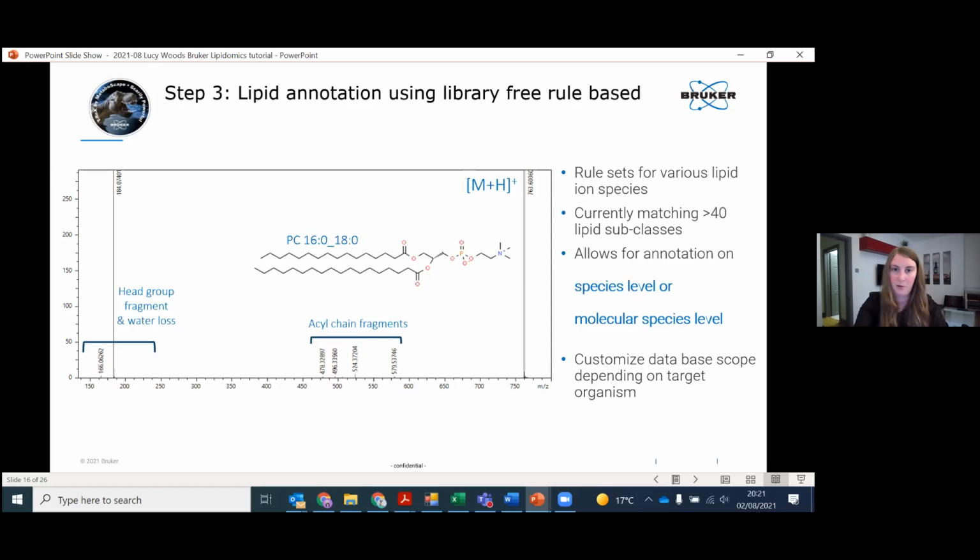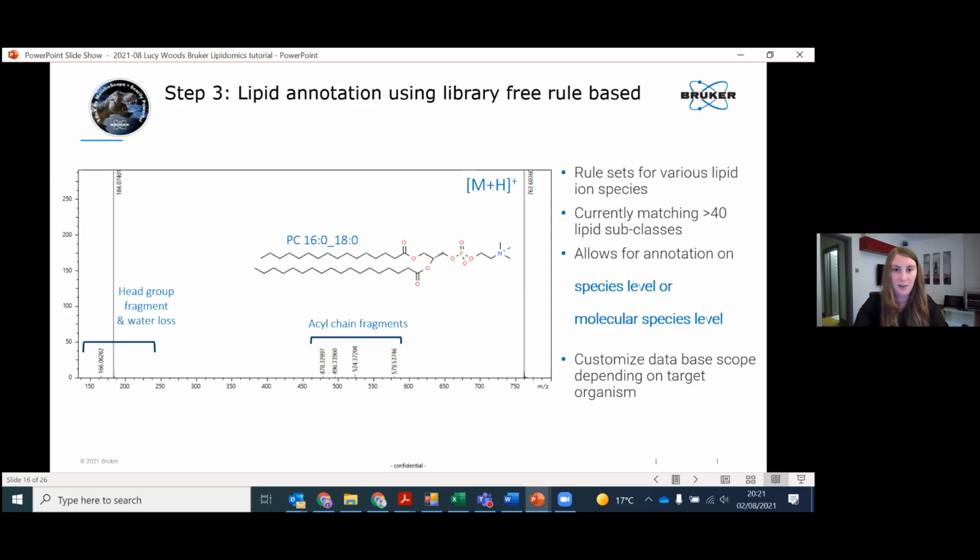And these rules are automatically applied within the software. And there's quite a nice feature that you can customize the database that you use to annotate these lipids. So you can pick from around 40 different lipid subclasses, and you can tell the software if you're interested in looking at lipids which have odd chains or only even chains.